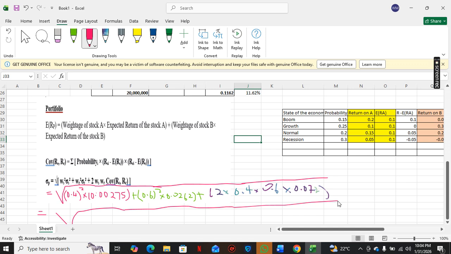So start with 0.4 squared, that's 0.16. 0.16 multiplied by 0.00275, we get 0.00044.